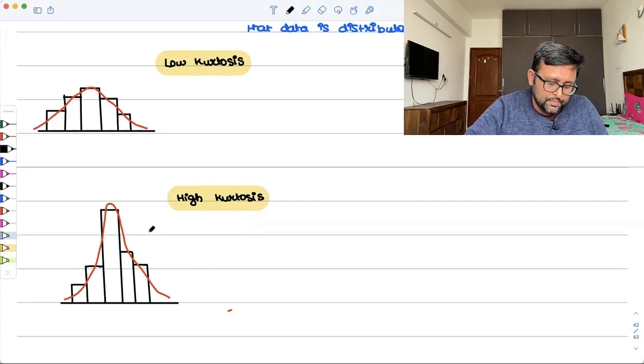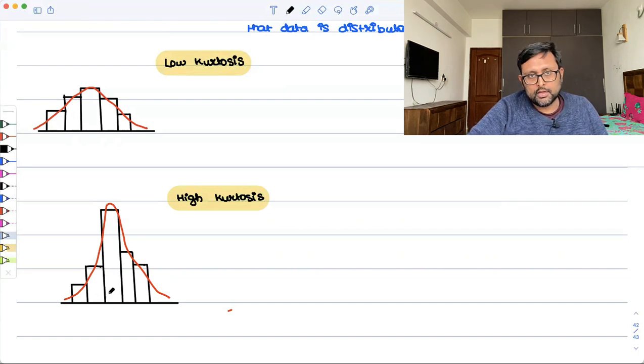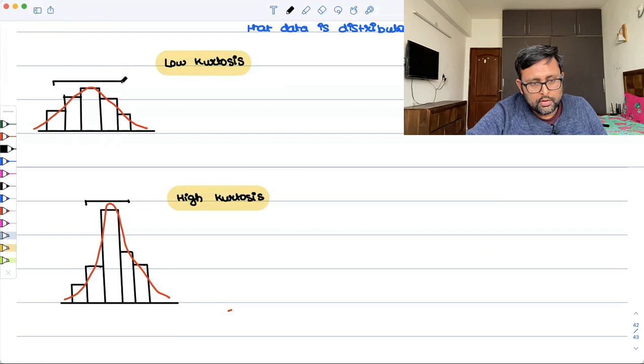If you look at it this way, in your high kurtosis distribution, the distribution is less centered around the peak. If you compare, the other is distributed more around the peak, or around the mean.